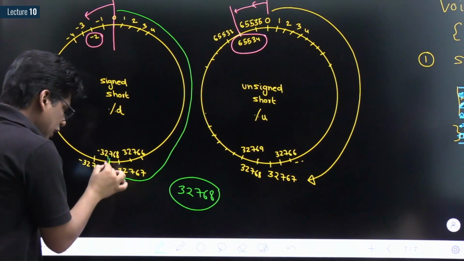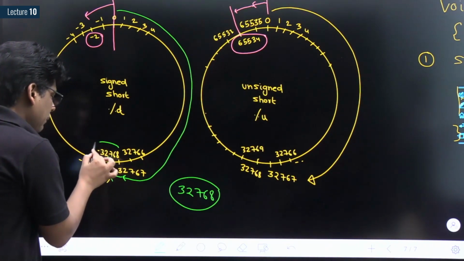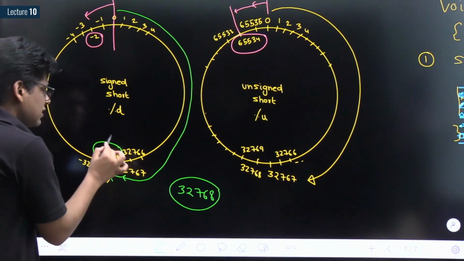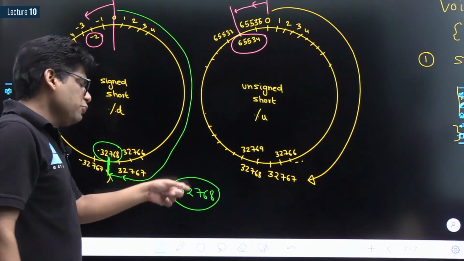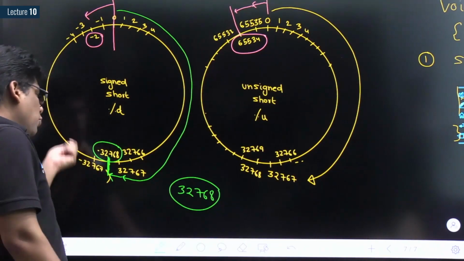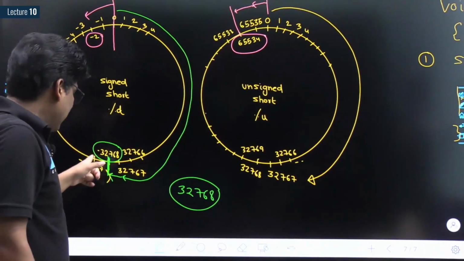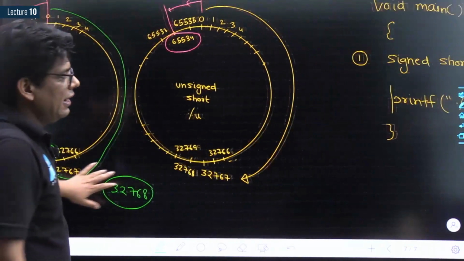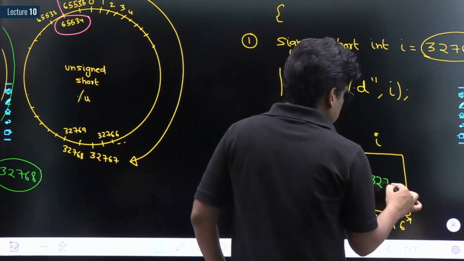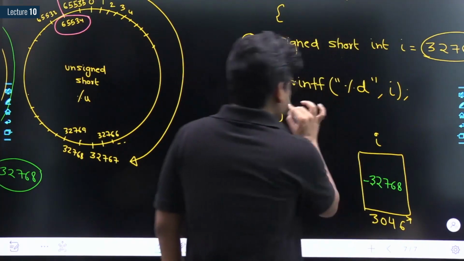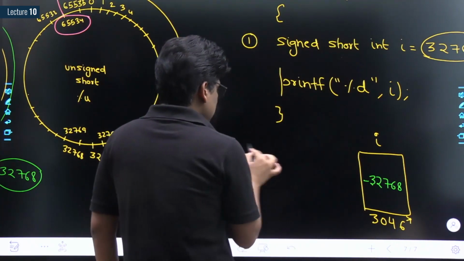So what is the value we get? Sir, we get minus 32768. Instead of 32768, the value that goes inside the variable is minus 32768.